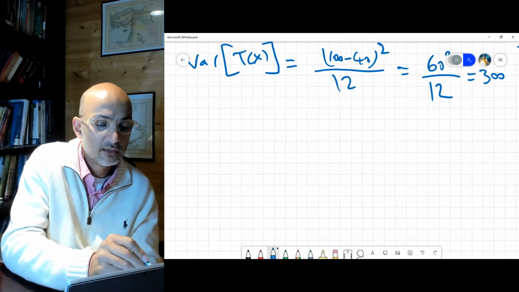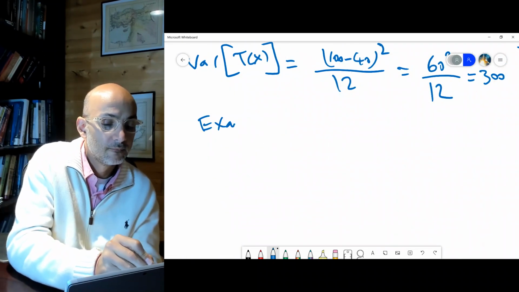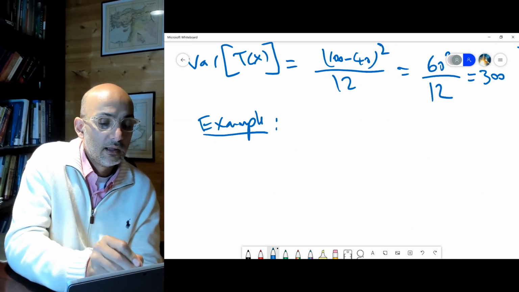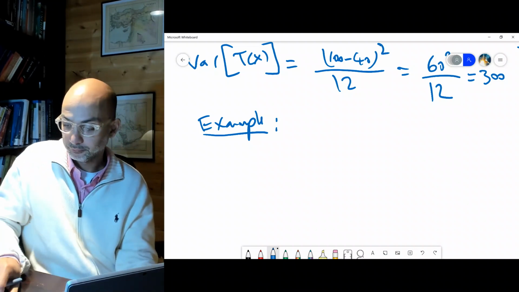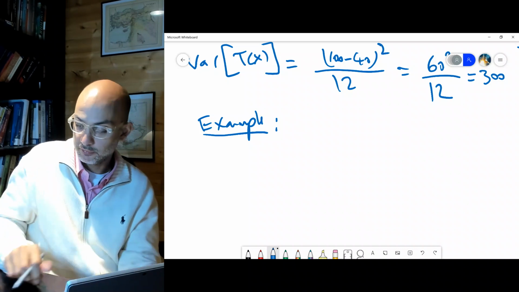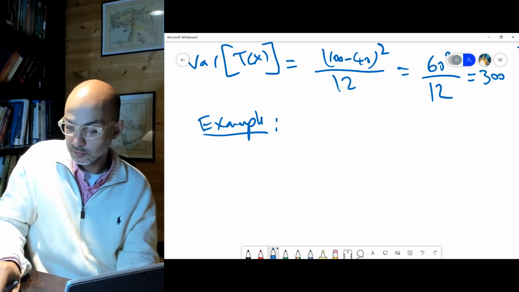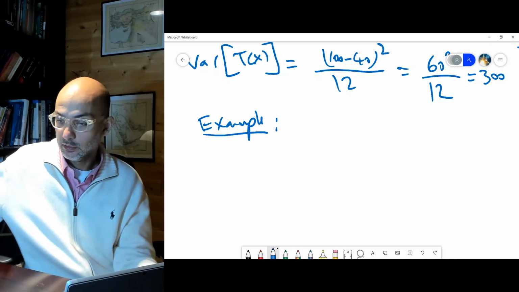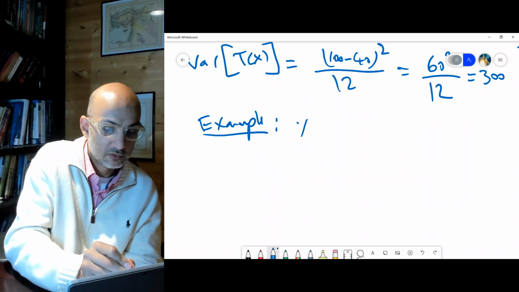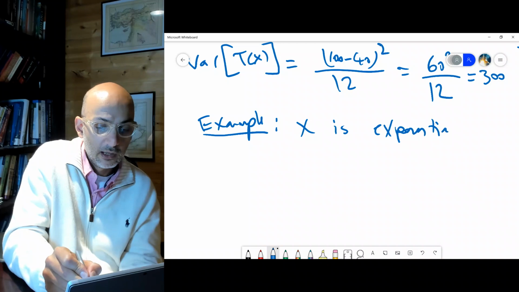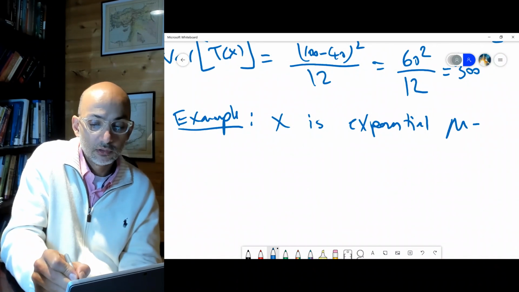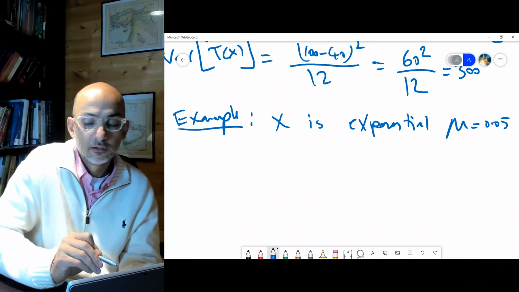Now let's take another example. Instead of saying uniform, now we're going to use X is exponential, and for exponential we need mu equals 5%.